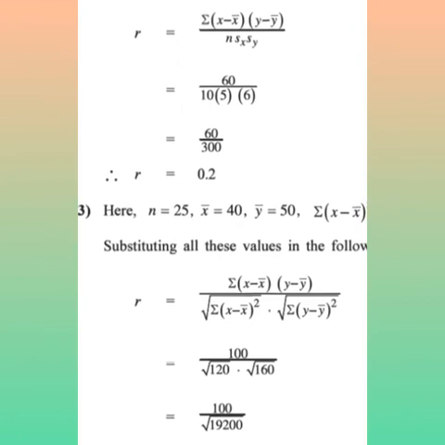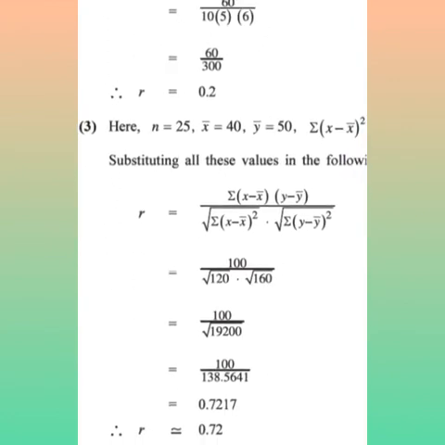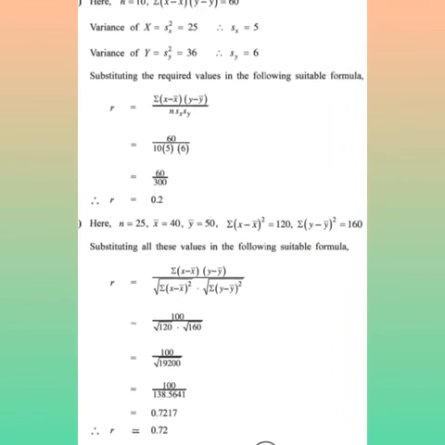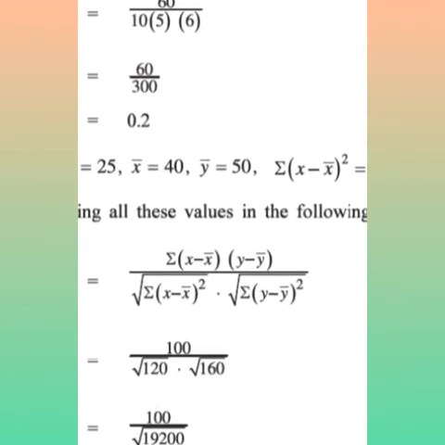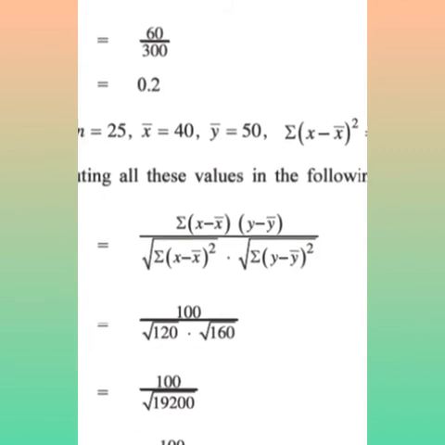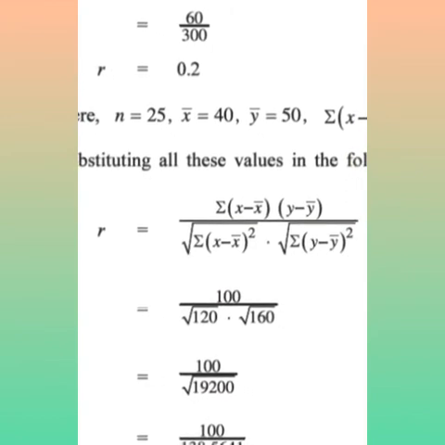Similarly, they have given everything for sum number 3. For sum number 3, all the values had been given to us as per the first formula we had discussed. So all these values you will put into our first formula for r, that is sigma x minus x bar into y minus y bar whole upon under root sigma x minus x bar whole square into under root sigma y minus y bar whole square.